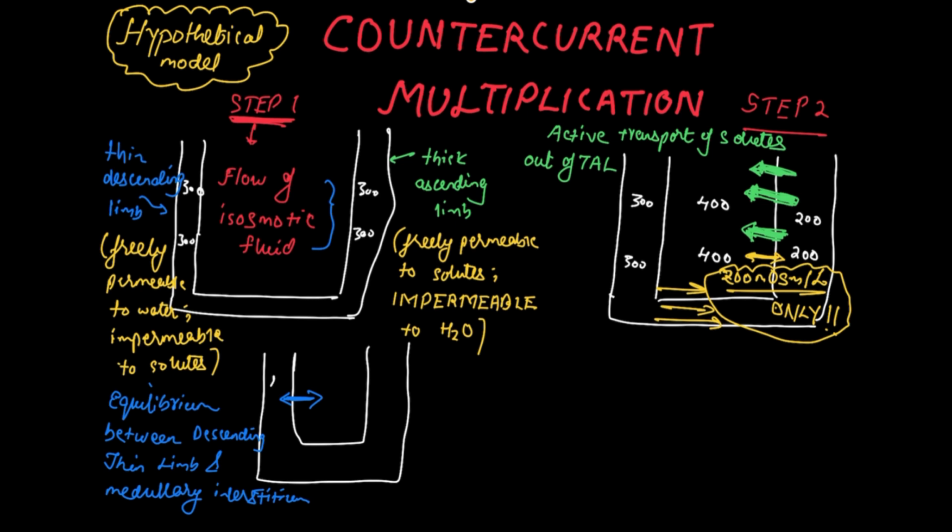So now the thin descending limb becomes 400, the medullary interstitium is 400, and the thick ascending limb, you guessed it right, it is 200 milliosmoles per liter.